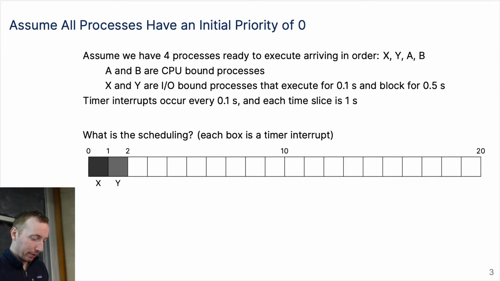So A could either run all the way to the end of the time slice, or X here went to sleep after the first time slice. So it blocks for 0.5 seconds. So within 5 time slices after X goes to sleep, it would be ready again.